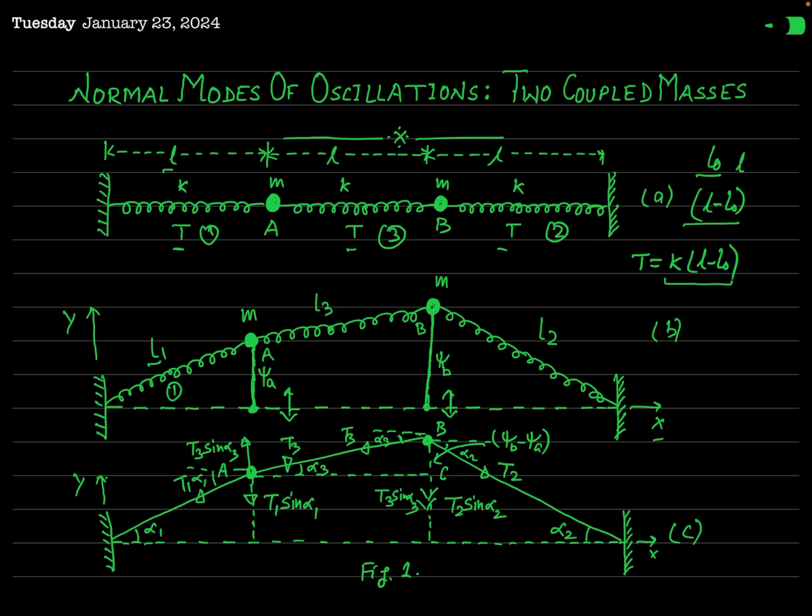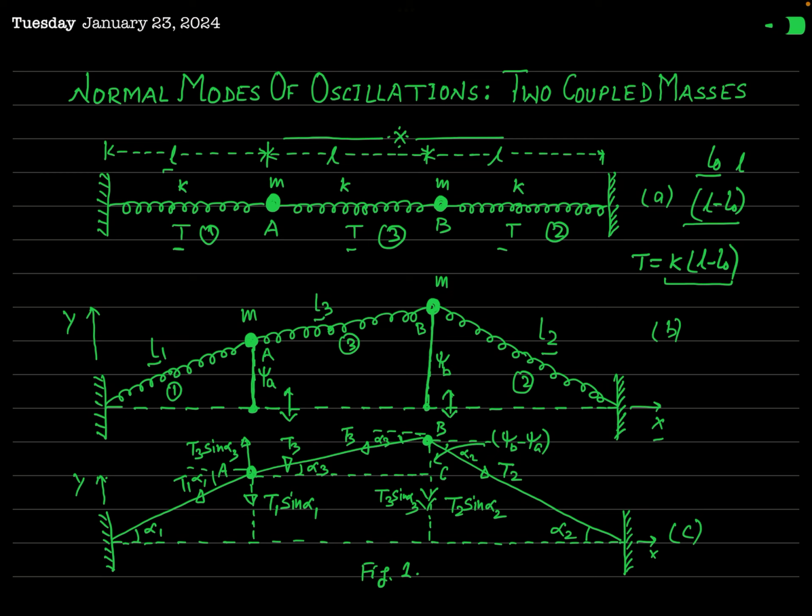The length of spring 2, which was L in equilibrium, now becomes L2, and the length of the third spring, which connects the two masses and was also L in the equilibrium state, as you can see in figure A, now becomes L3.